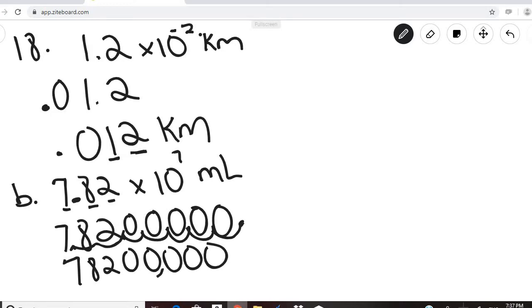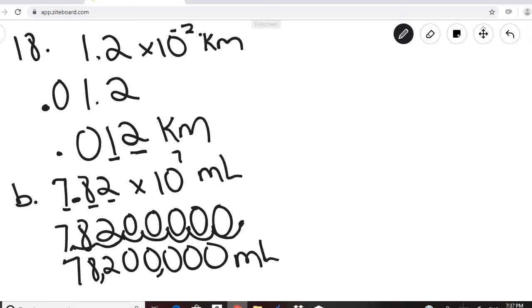We put in our commas. The answer would be 78,200,000, and we need to make sure that we write our units on there in our figures.